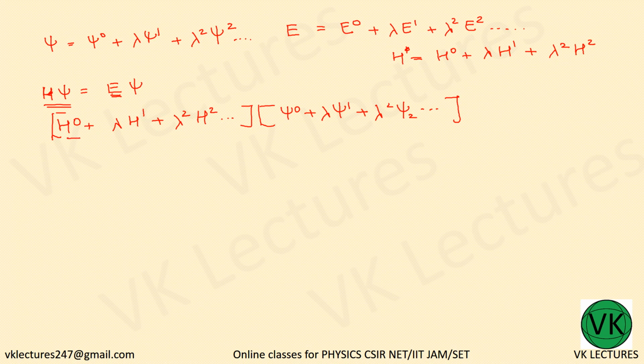Now H naught will go with psi naught plus H naught into lambda psi 1 plus H naught into lambda square psi 2.